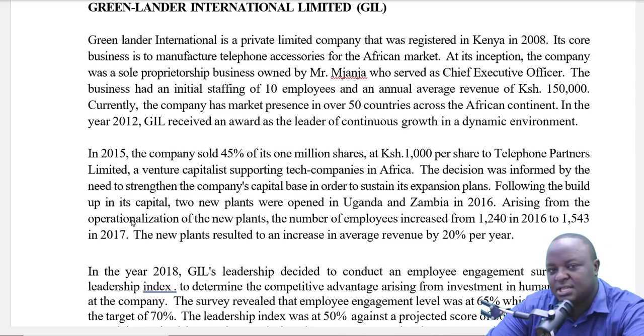If you calculate that, 1 million shares times 1,000 brings a value of 1 billion shillings, to Telephone Partners Limited, a venture capitalist supporting tech companies in Africa. The decision was informed by the need to strengthen the company's capital base in order to sustain its expansion plans.